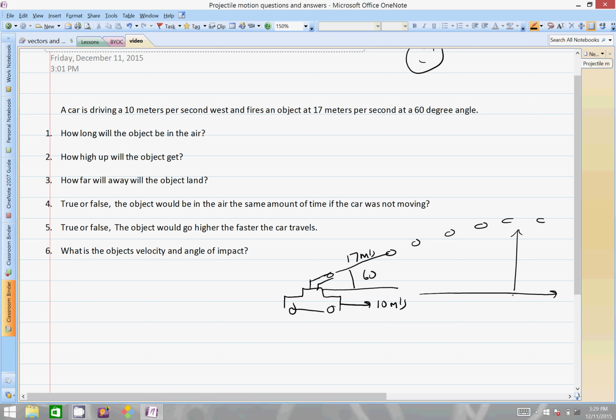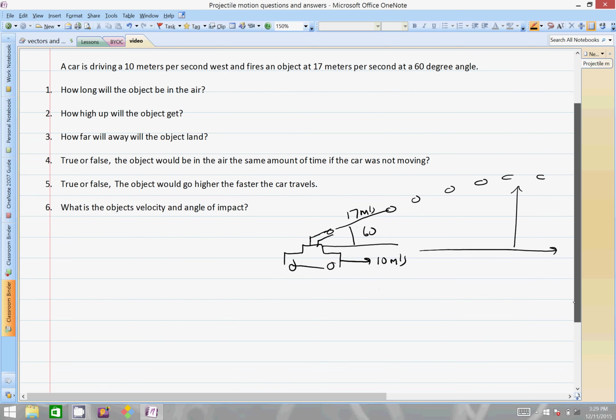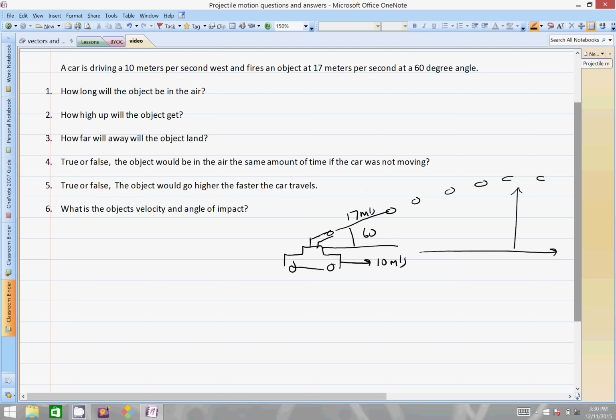So in this case, let's just start answering these questions. Number one says, how long will the object be in the air? So before I do this, I'm going to take my triangle, and I got angle 60 degrees, 17. So I'm going to get my two vectors.